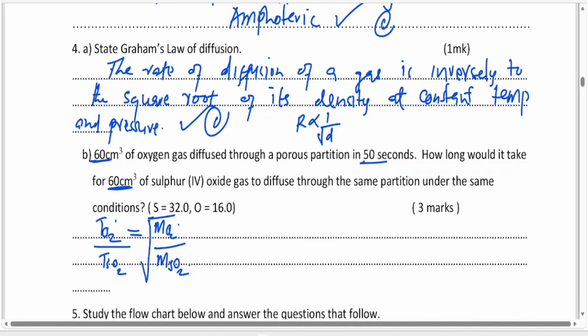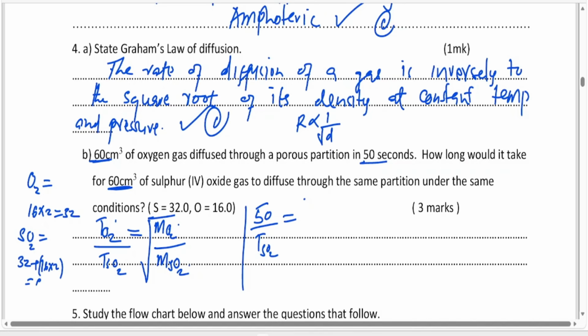Given the time of oxygen as 50 over the unknown time of sulfur oxide, then we obtain the molecular mass of oxygen. Oxygen, the formula is O2, meaning I will take 16 multiplied by 2, and this gives me 32. For sulfur oxide, to determine the molecular mass, sulfur is 32, oxygen is 16 times 2, and the total gives me 64.